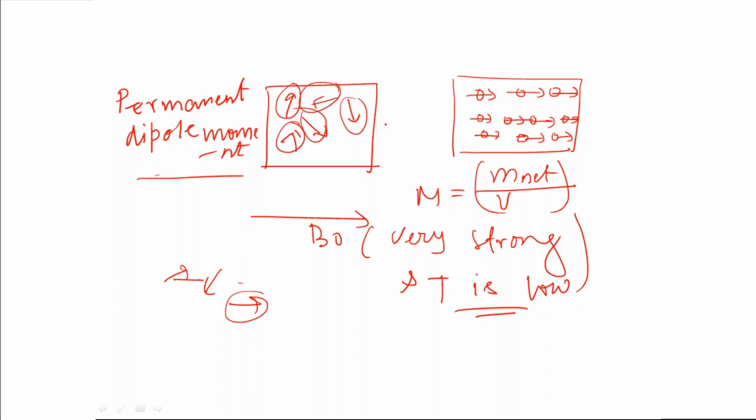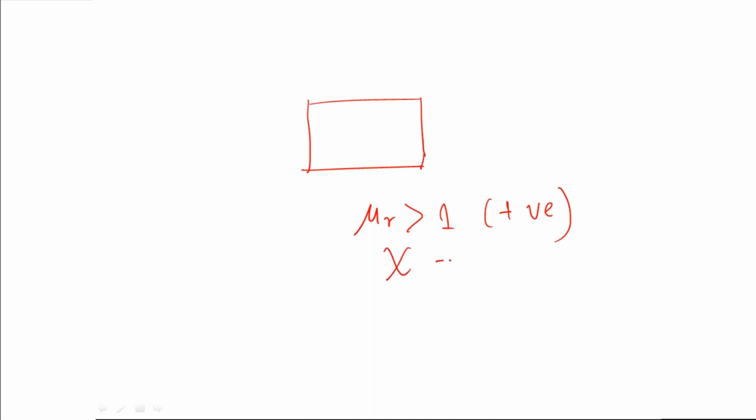So this is called independent spin, independent magnetic moments. In the paramagnetic case, the magnetic dipole moments are independent of each other. So this is the origin of paramagnetism.